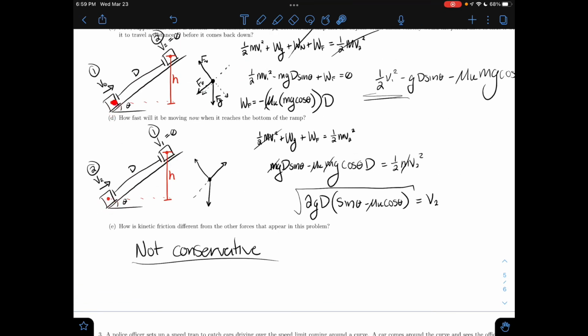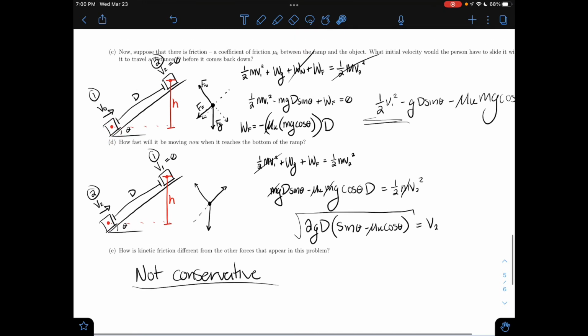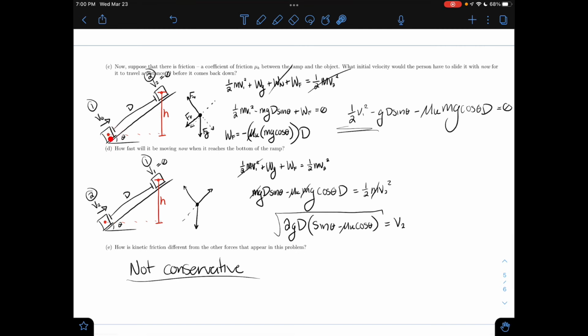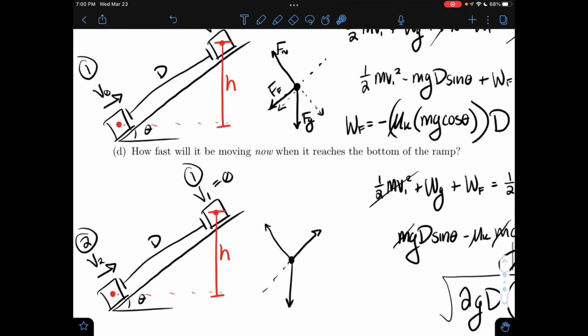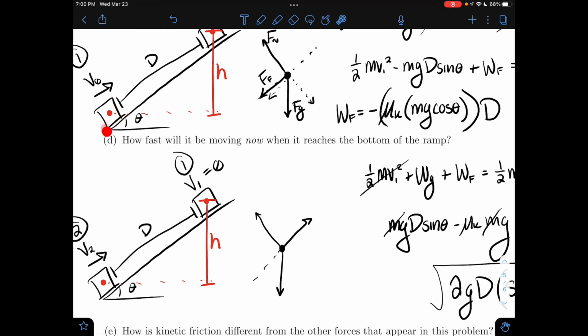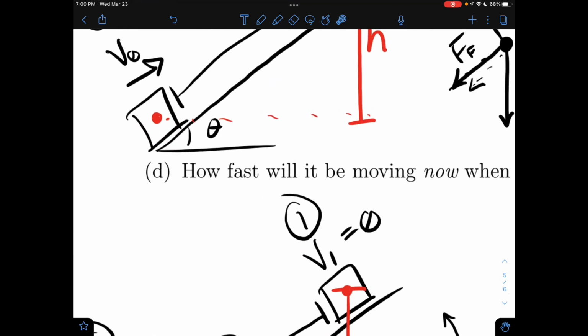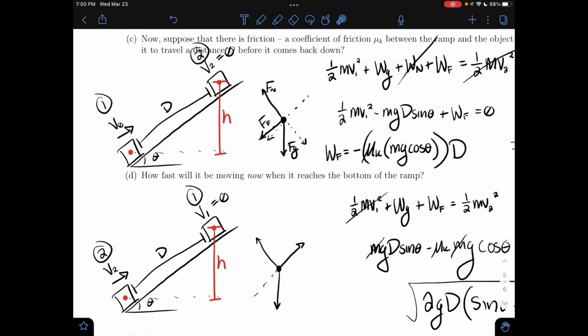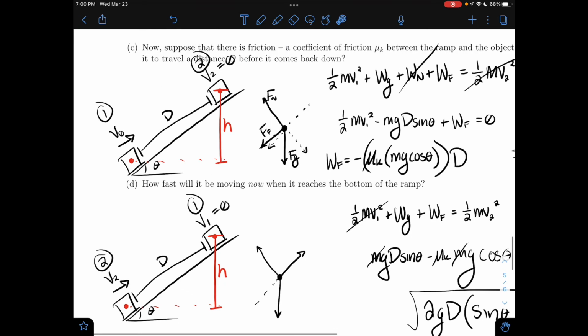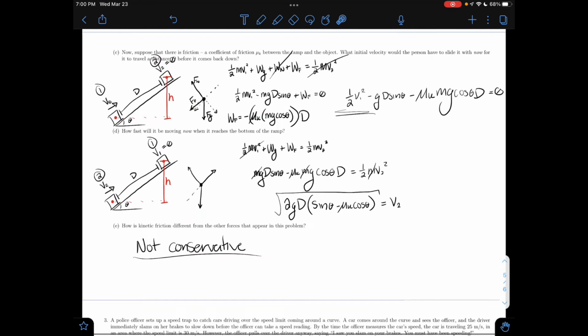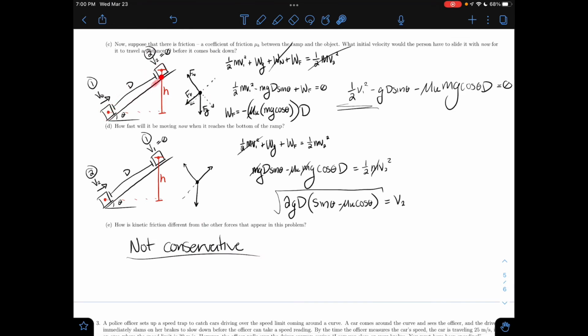Because if I looked at the initial instant that I pushed it, and then it goes up, it comes back down, and I look at the instant that it's back at the bottom, if I just took those two pictures, I wouldn't be able to tell the difference between them. Right? I would want to say that those were the same state, but I can't say that because friction has happened in between. It depends on the path that I took to get from my state 1 back to my state 1.